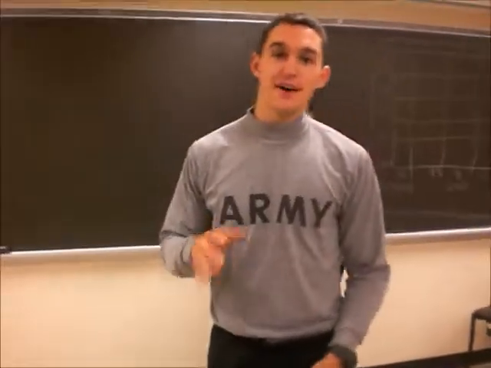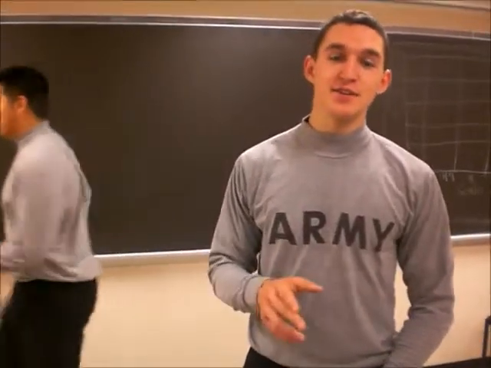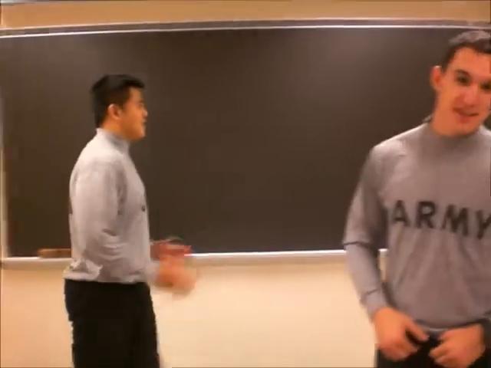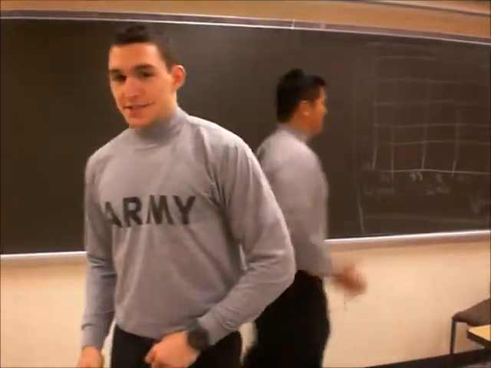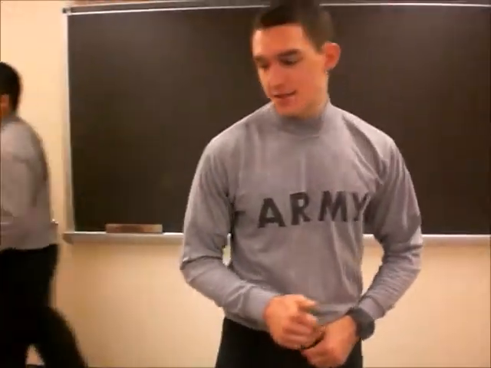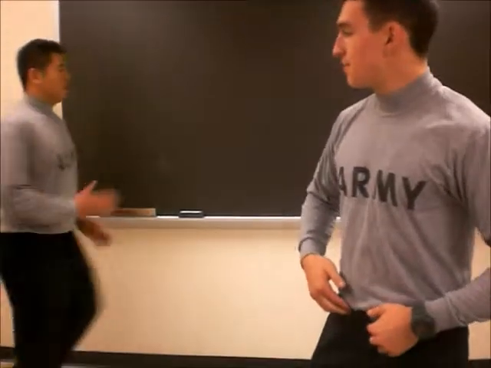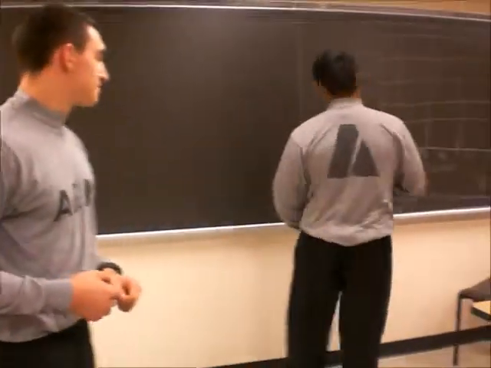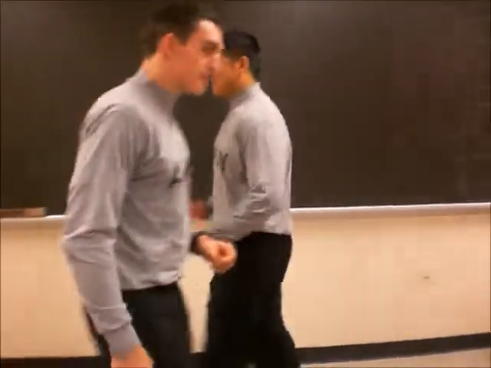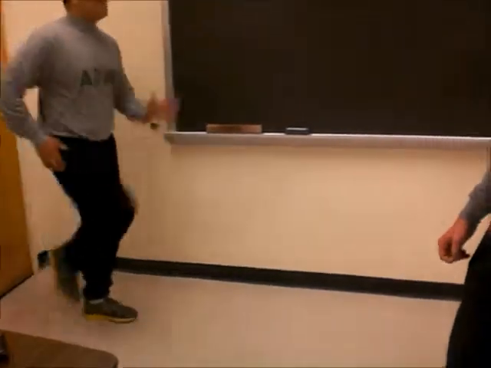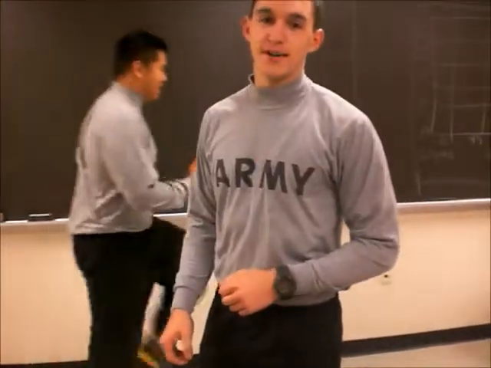All right, the third and final part of the PT test is the 2-mile run, demonstrated here by high-speed cadet Justin Kim. During the run, it's important to maintain good posture, because good posture is key to success in your run. It's important to keep your body aligned, your core tight, and bring your knees up and not have them go too far in front of your body.